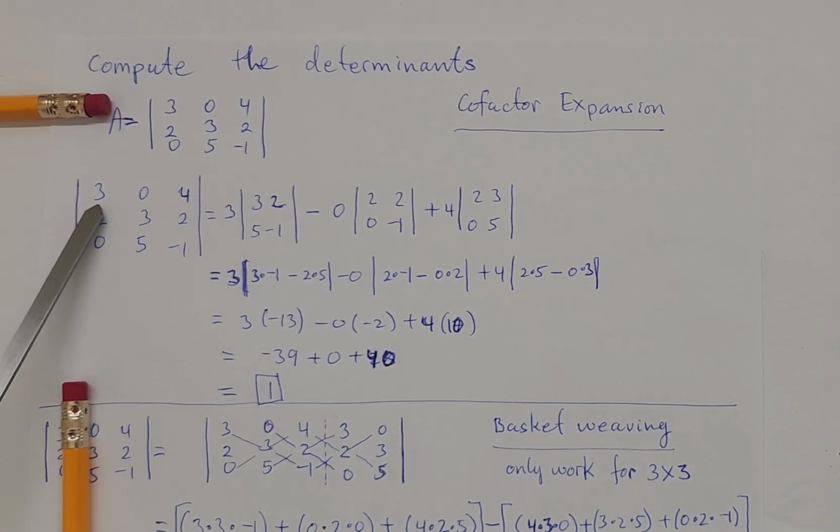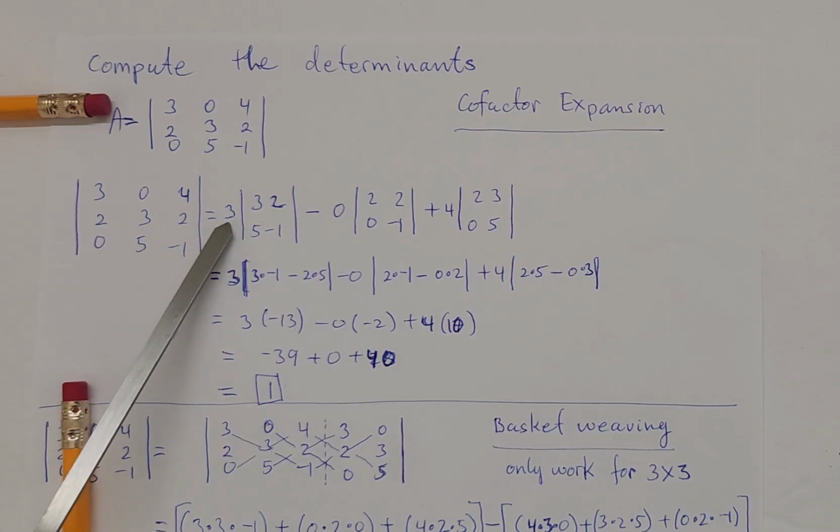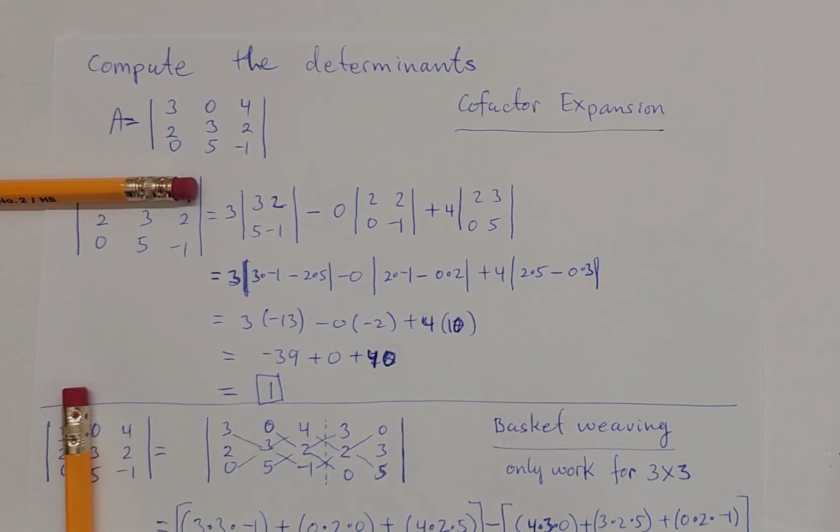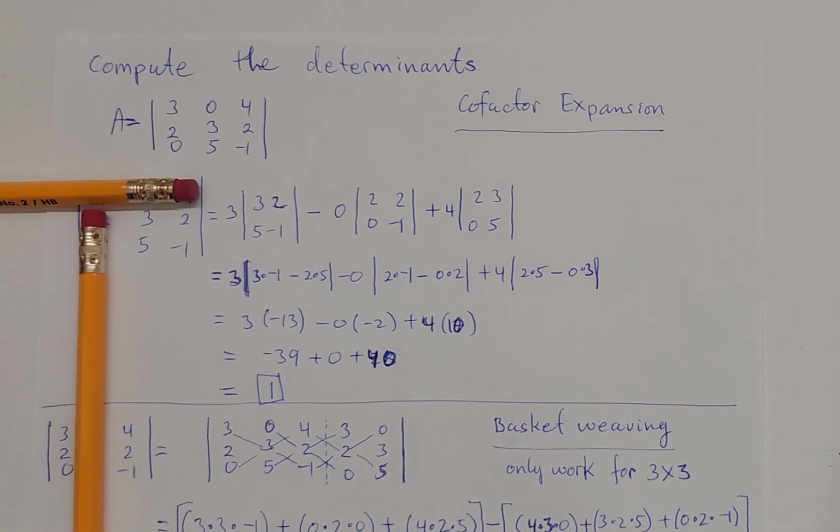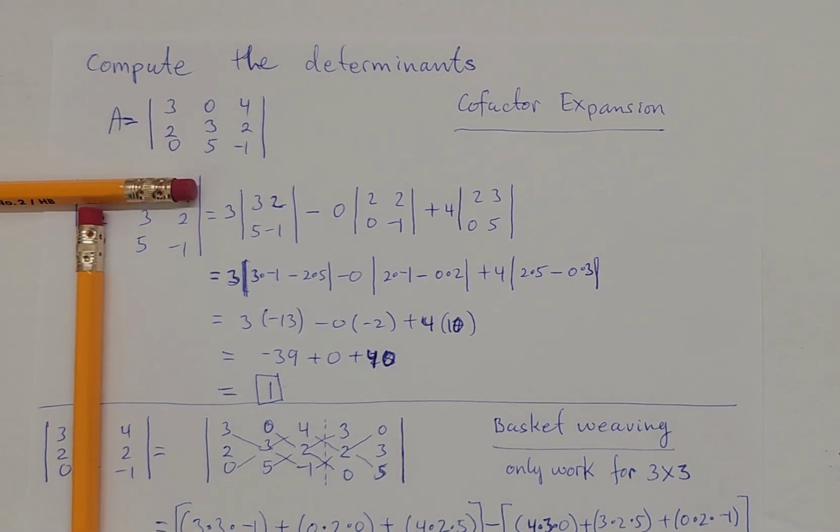One more time, take the 3, put it here, block out the first row, first column, and all you have left is 3, 2, 5, negative 1, and put it right here.